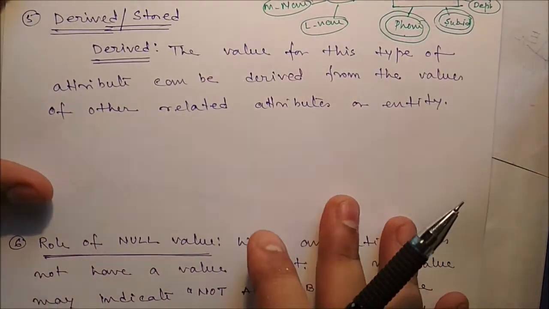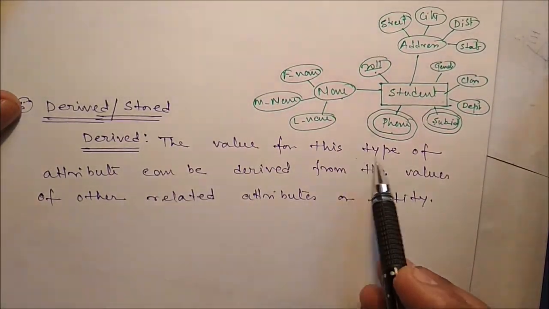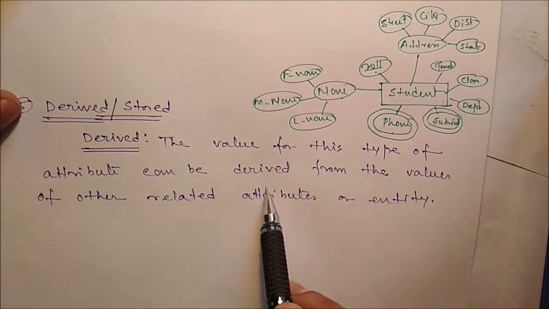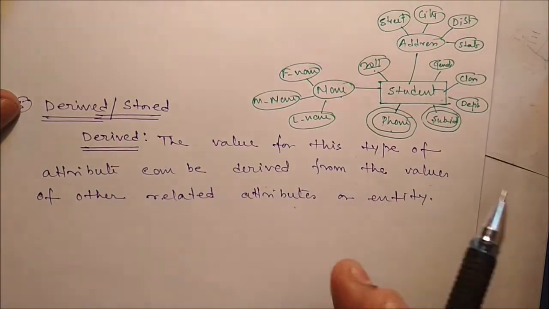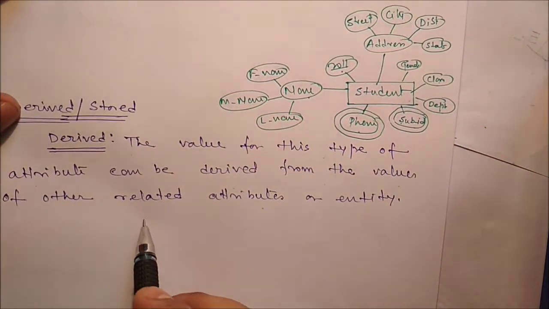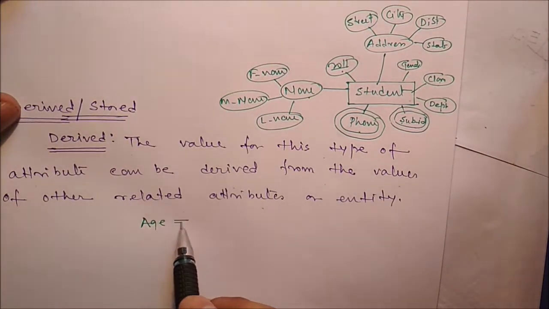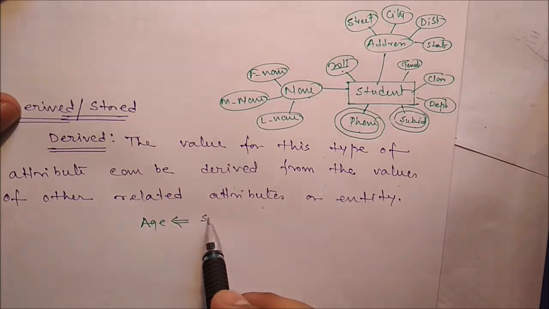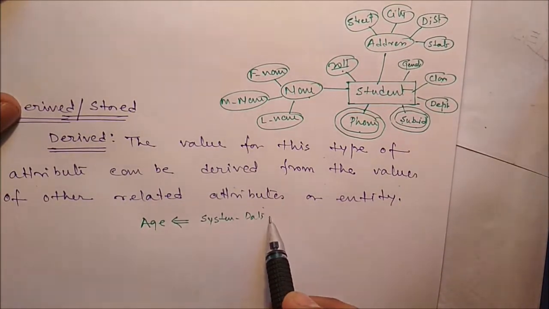Next is what? Derived and stored attribute. Now the value for this type of attribute can be derived from the values of other related attributes or entities. For example, a very popular example is age. The question is how to get age. We can get age using the system date minus date of birth.